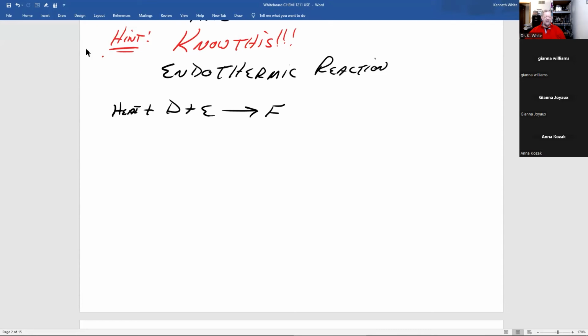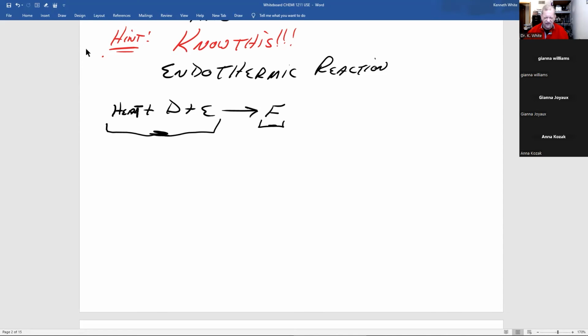And for this class, I'll call it heat. So heat plus D plus E makes F. The reactants plus heat equals the product F in energy.